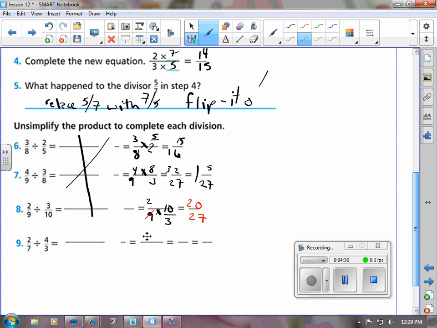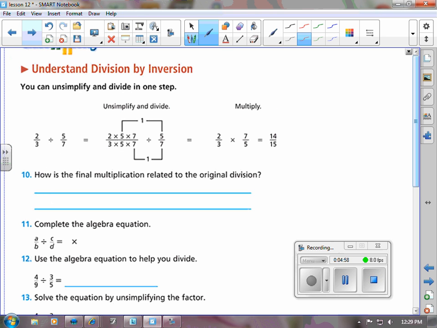All right, moving on, 2/7 times 3/4, right? 6/28. Both can be divisible by 2. 2 goes into 6 3 times. 2 goes into 28 14 times, so 3/14. Okay, flip it method. So you can simplify and divide all in one step.